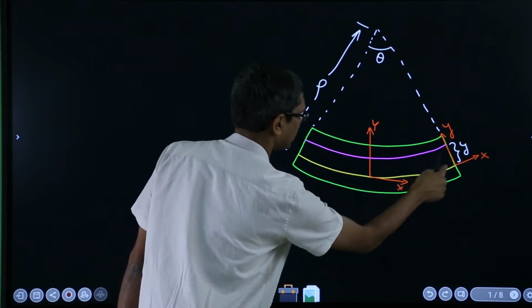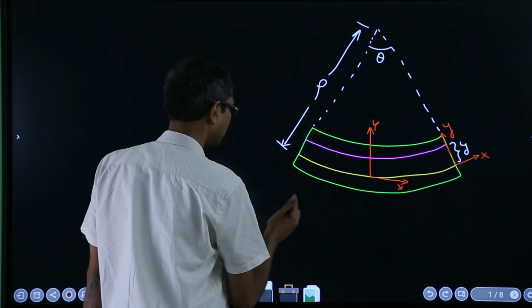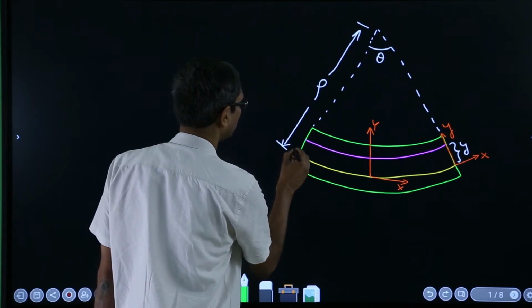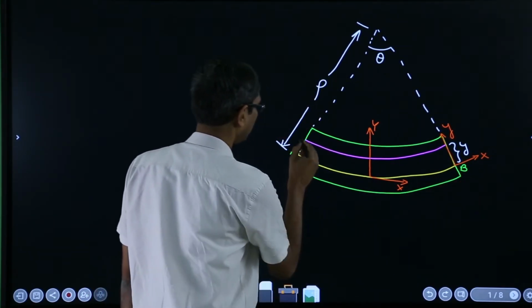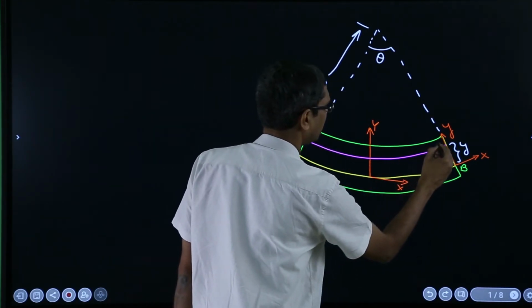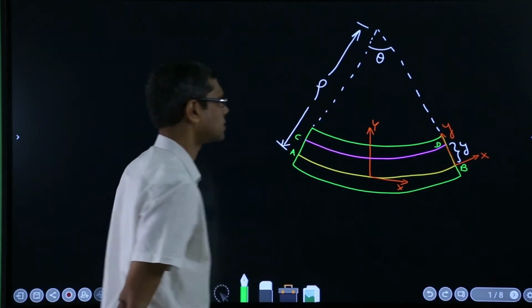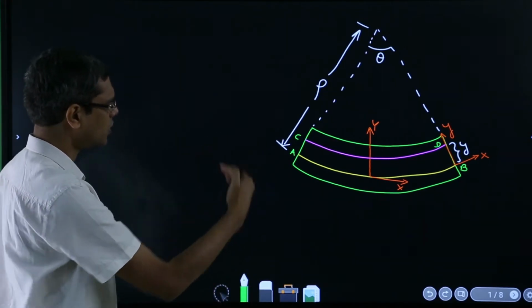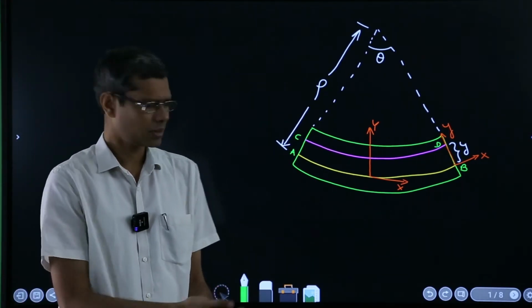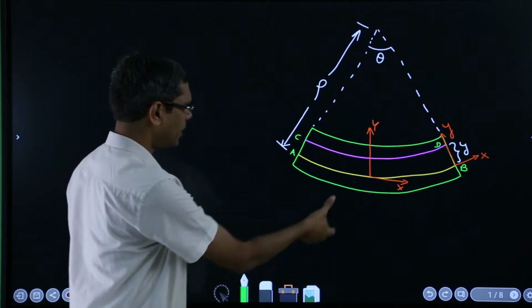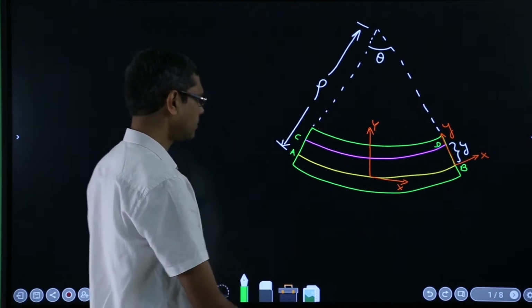Now, let me give some names. Maybe AB is the neutral fiber, and CD, which we are considering, is under compression because it is towards the upper side. By upper I mean according to this diagram, where the beam is concave upwards.